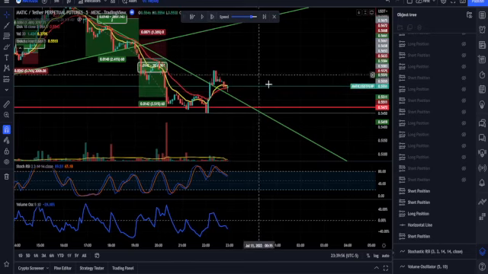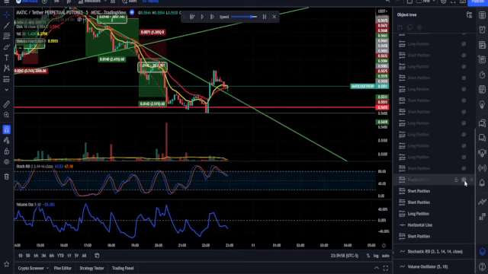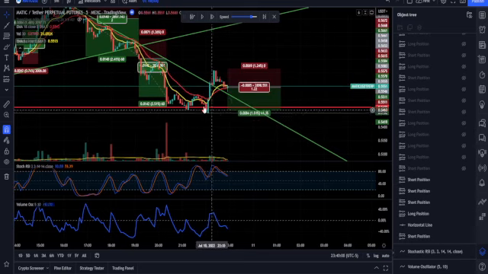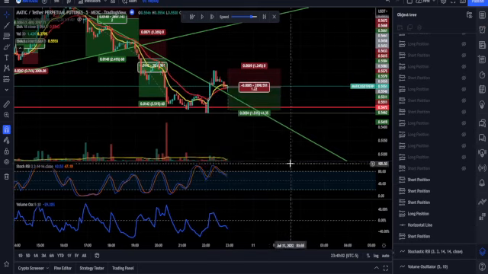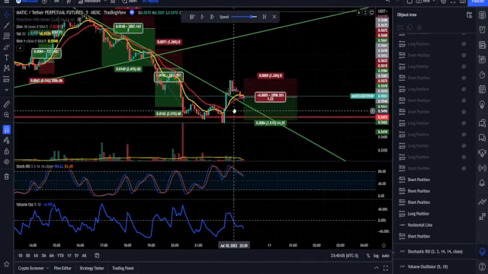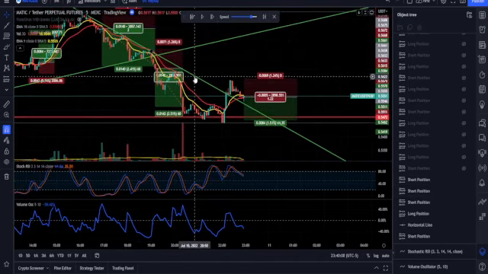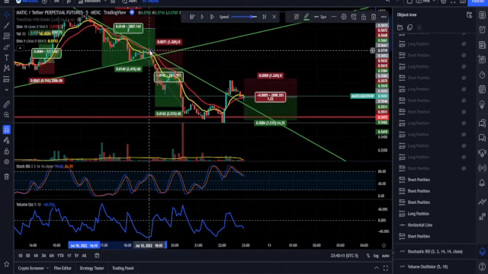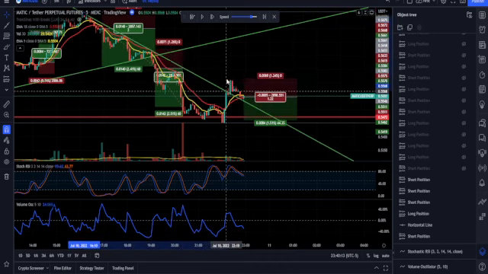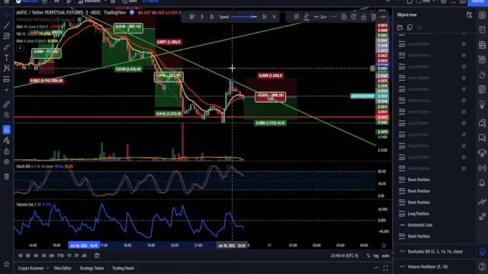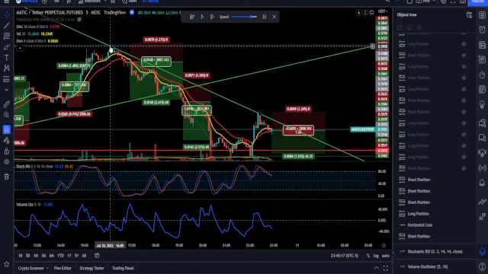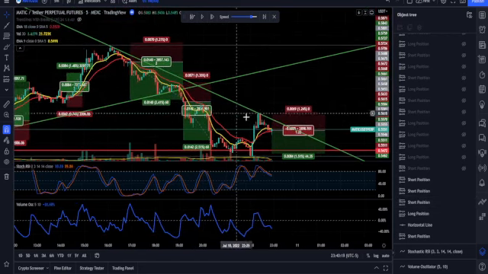It kind of looks like it wants to fall back into the trend, so at this point we could adjust our trend line a bit. And as you can see, it still holds pretty true.